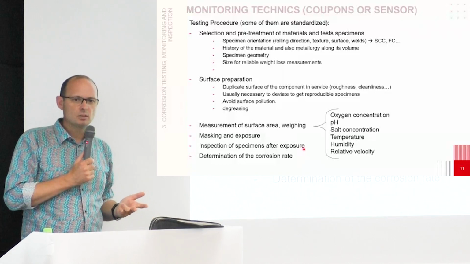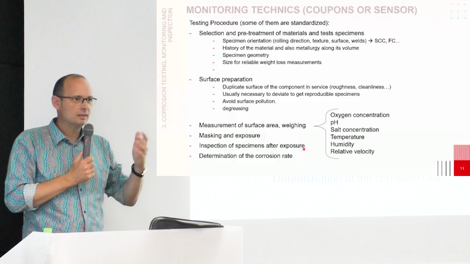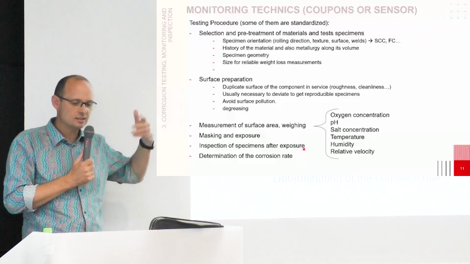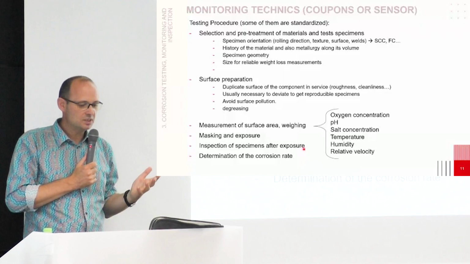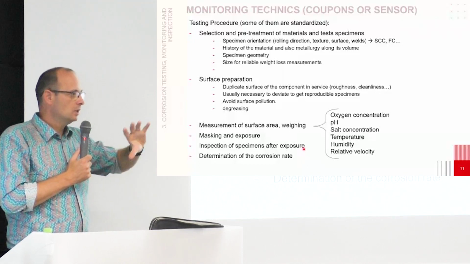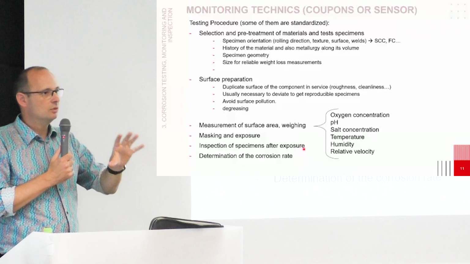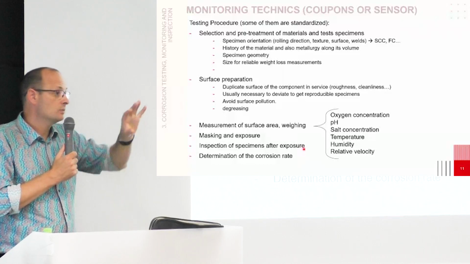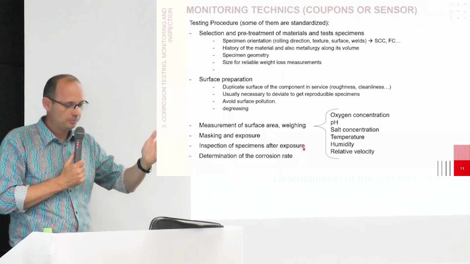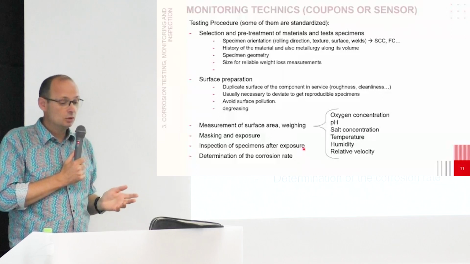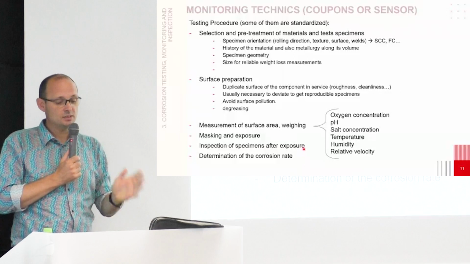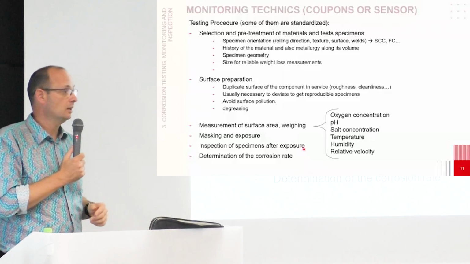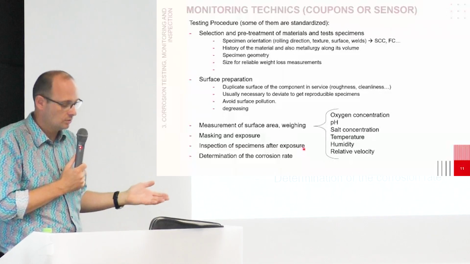Do they contain some welds? Because welds have strains and stress, and they can affect the lifetime of the pieces. Is the history to prepare the material the same as the material that I would like to characterize, for example, the pipe, and so on. After, I will ask about surface preparation. Has my material been prepared in the same way as the material that I would like to characterize on site?